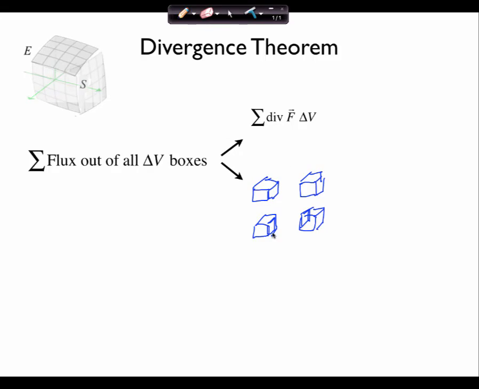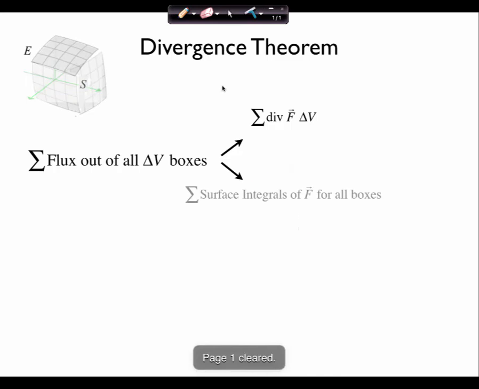And what's going to be left? Right, all that's going to be left are the sides of those boxes that are on S, the ones that don't share another side. So what are you going to get?